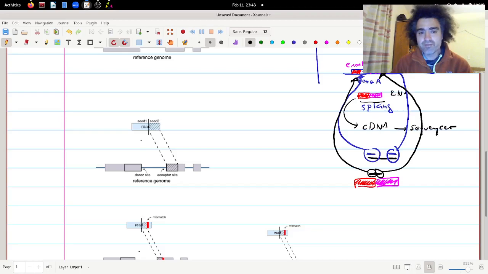And therefore the usual mapping that we have talked about in the class will not work, because it will consider that the whole read here is a single unit.